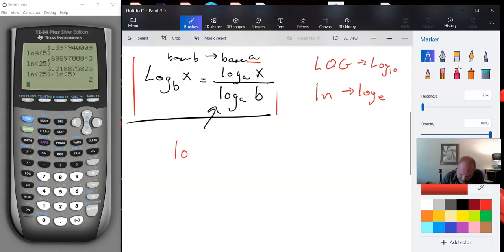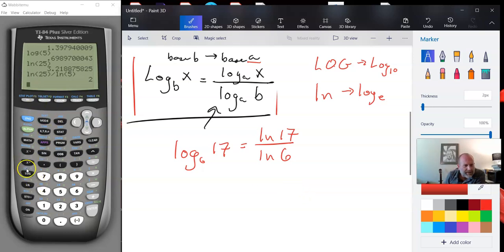I could end up with something like log base 6 of 17 or something like that. Again, it's not going to matter which log you use as long as you plug it into the formula correctly. I can do natural log of 17 over natural log of 6 and see what I get. All right, so let's see. And then I'll show you how to check your answer on these.